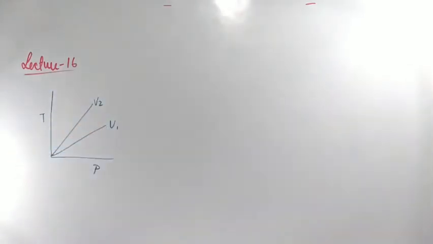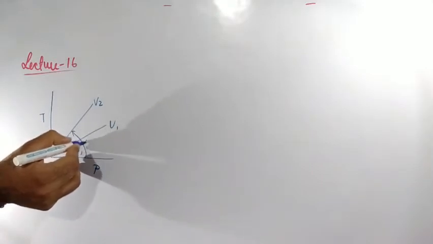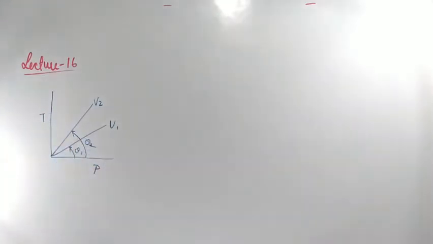V1 is inclined at an angle theta 1 and V2 is inclined at an angle theta 2. They are asking whether V2 is greater than V1, option B, V2 is less than V1, option C, V2 is equal to V1, option D, none of the above.